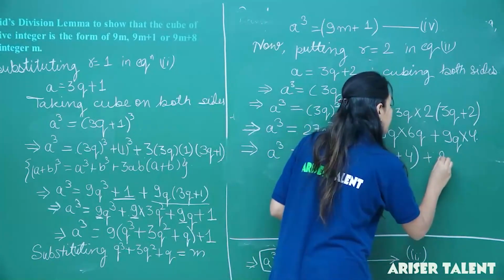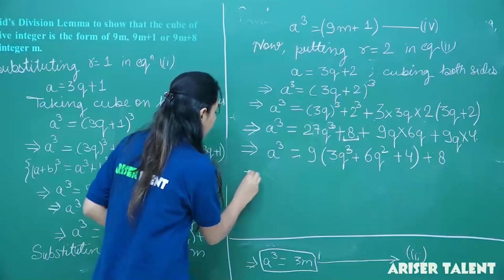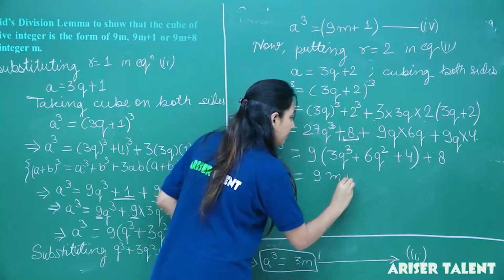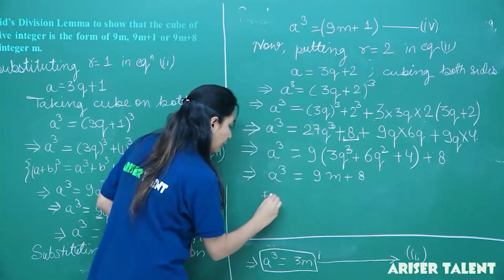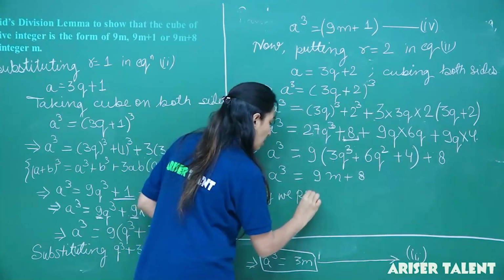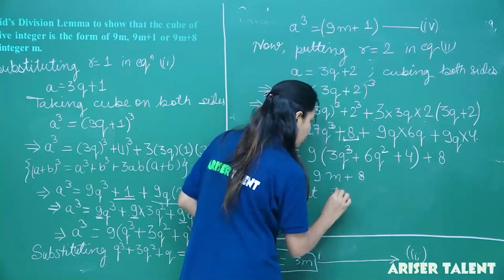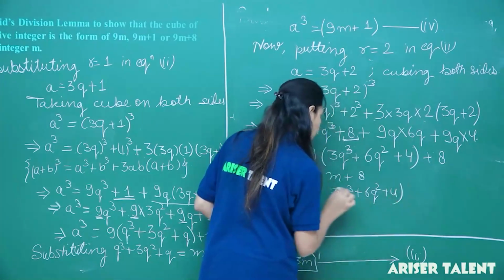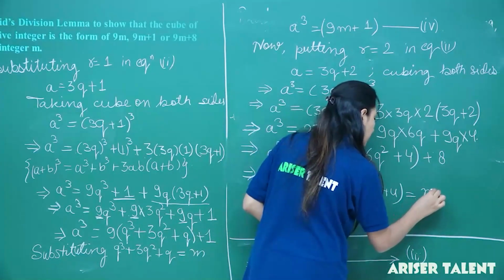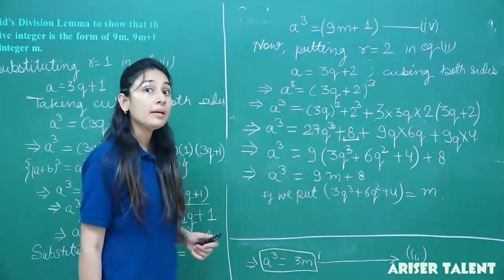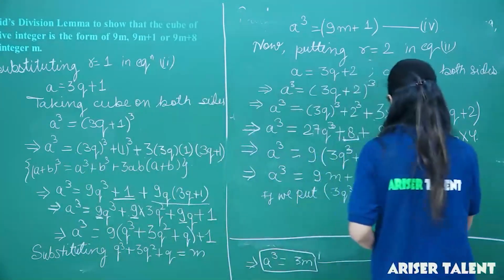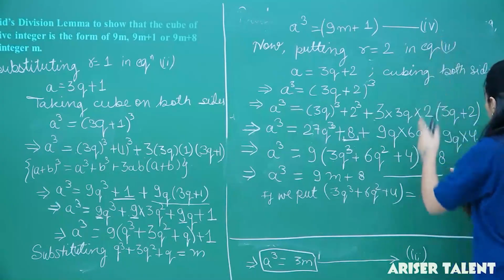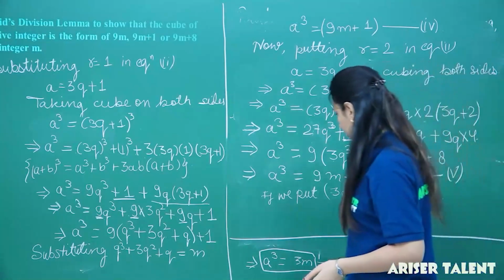Now a cube will become 9m plus 8, if we put 3q cube plus 6q square plus 4 equals m, where m is some integer. Now we will call it an equation. That was 4th, so this is 5th, right?